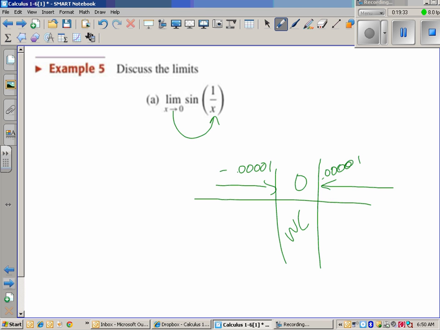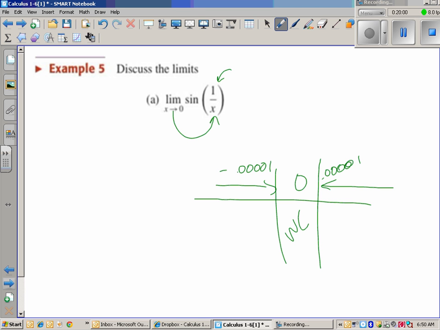If I take a look at this, that would be the sine of a really big number. Well, for sines of really big numbers, I don't know what that is out there, but I do know that sine is always traveling between 1 and -1, right? It's always between 1 and -1. So if I plug in numbers really close to 0, this is going to be a very large number, okay?